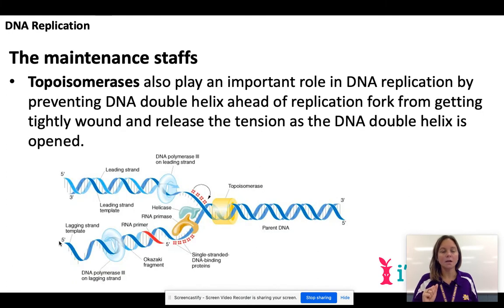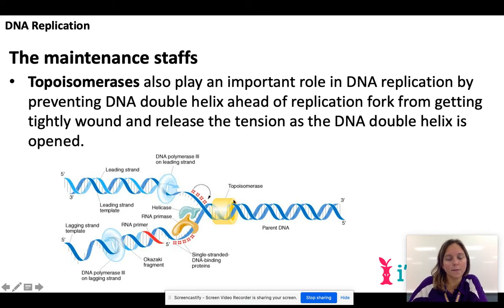I had referred to this earlier. This is the topoisomerase, and that's the structure that helps the DNA strand keep unwound so that we can break the hydrogen bonds and so we can add the nucleotides. So if we look at this model, we actually can see all of those enzymes present.